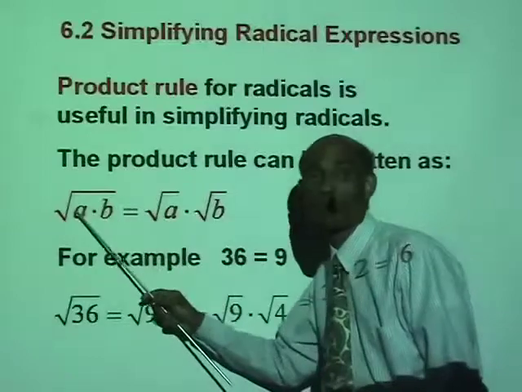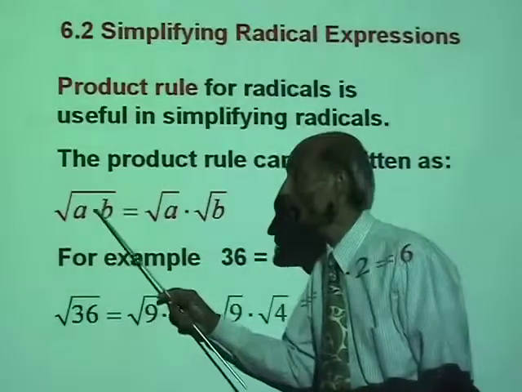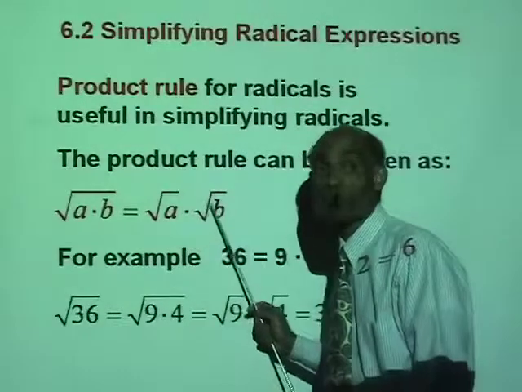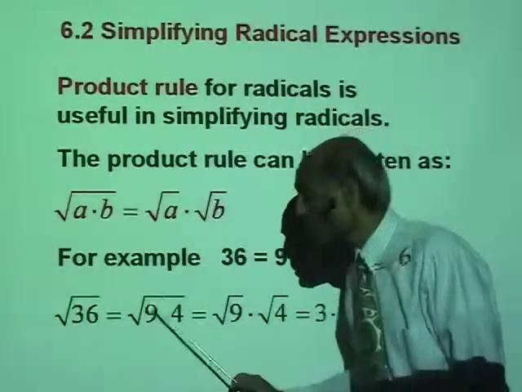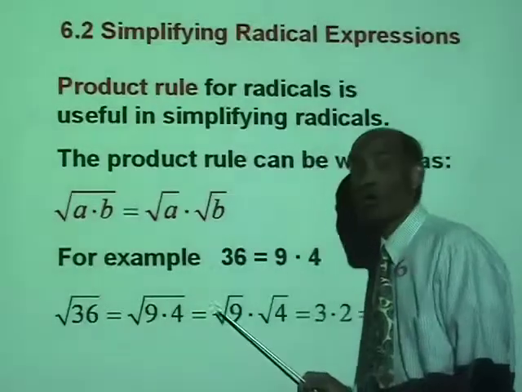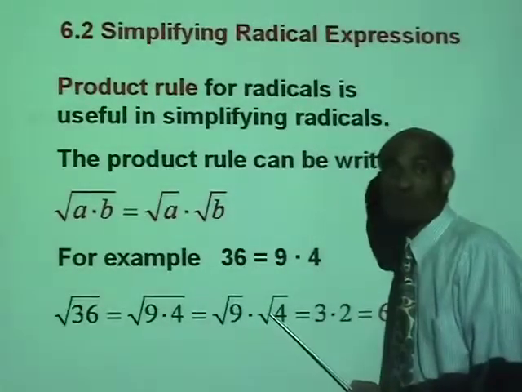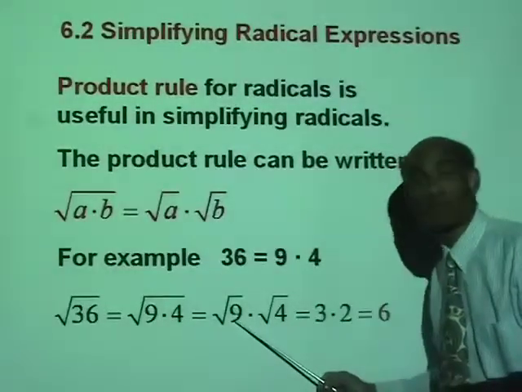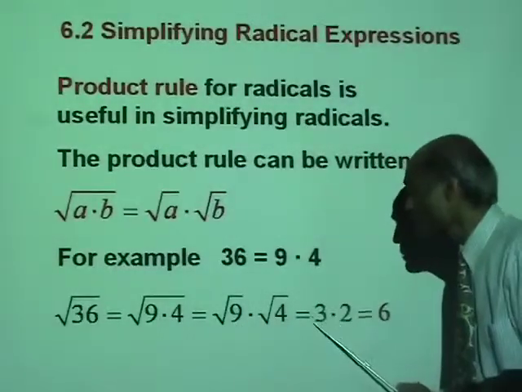Look at the product rule. Square root of a times b is square root of a times square root of b. So square root of 9 times 4 is square root of 9 times square root of 4. Alright, what is square root 9? Square root 9 is 3.